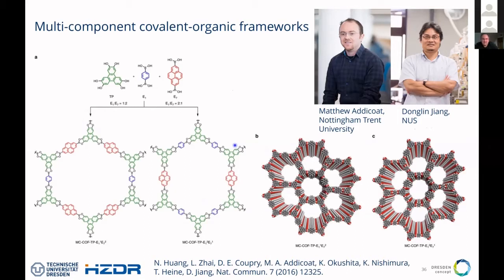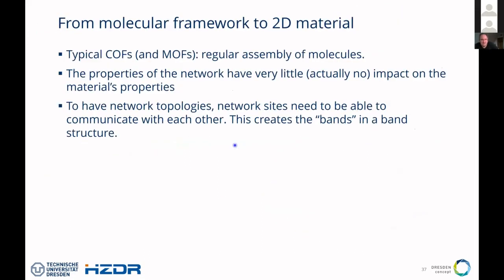Good. So that was all nice, but it didn't help us. Because what actually happened is that the typical covalent organic frameworks and also MOFs are not much more than regular assemblies of molecules. Essentially the atoms between the centers don't interact very strongly.